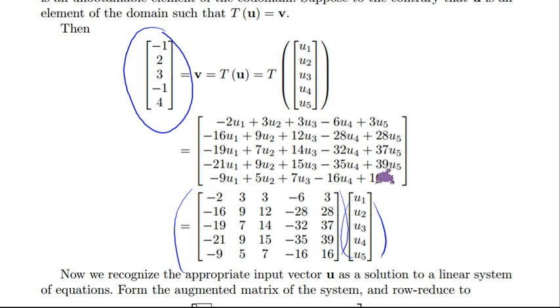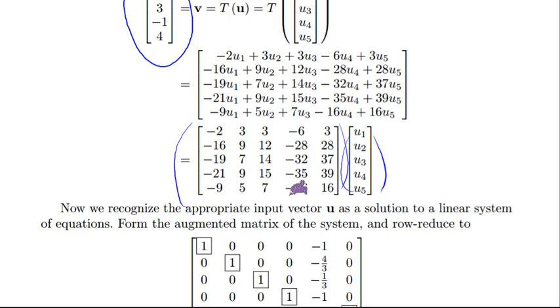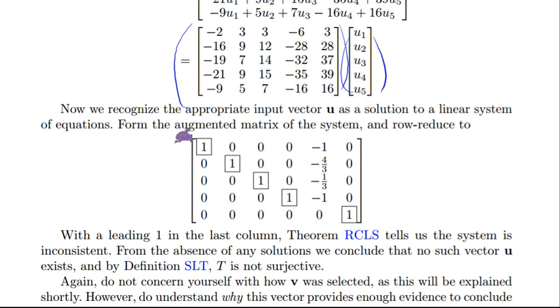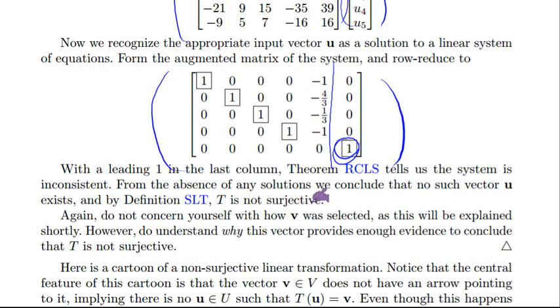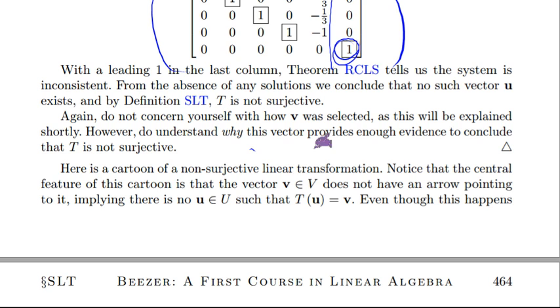And we've seen things like this before. We know that if we row reduce the augmented matrix and get a pivot entry in the last column, it's not possible to find a solution to this system. Right. So here he just chose v. He had some magic way of choosing it.